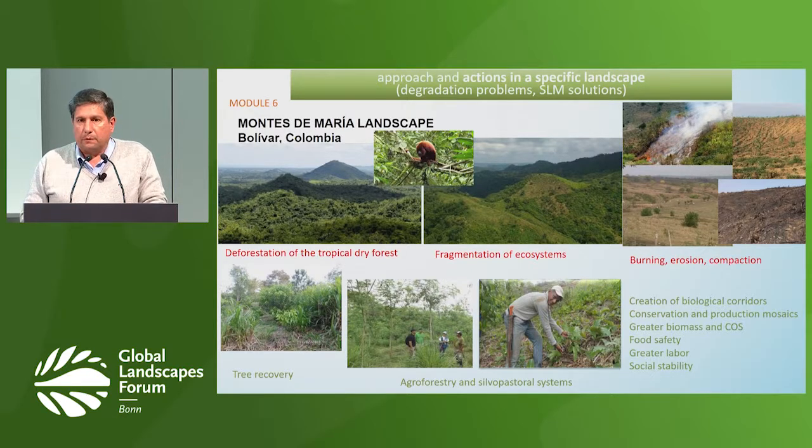Empezar a recuperar los árboles, transformar de esos sistemas ganaderos a sistemas silvopastoriles y sistemas agroforestales. Esto también crea unos corredores biológicos que permiten necesariamente una mayor cantidad de diversidad en cuanto al alimento y garantizar la seguridad alimentaria y la autonomía alimentaria de estas comunidades.